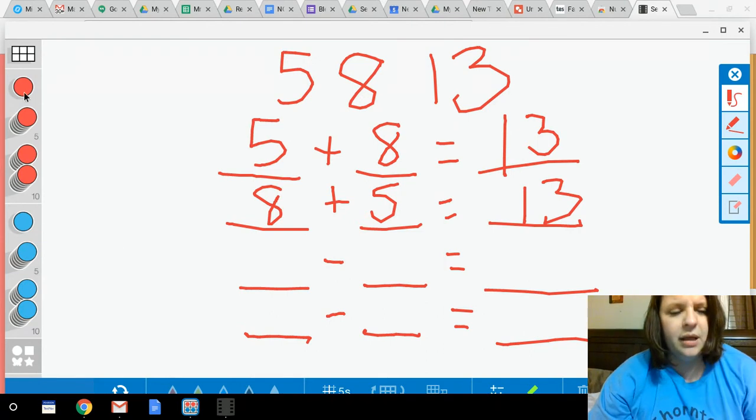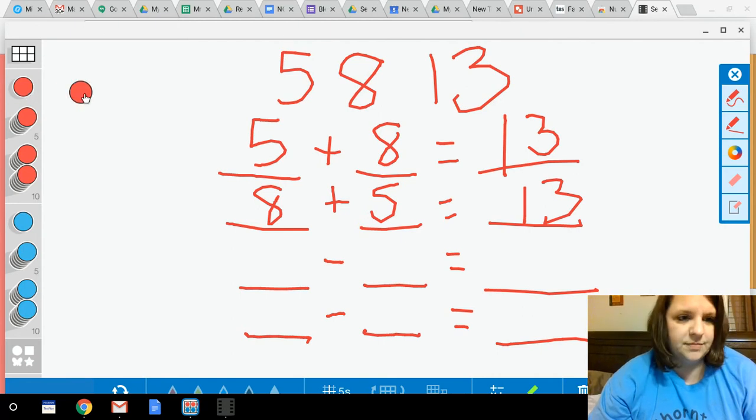Let's think about that. If I have 5 counters, actually, let me put this back over there because it's easier. Okay, that's fine. We'll use that. 1, 2, 3, 4, 5.